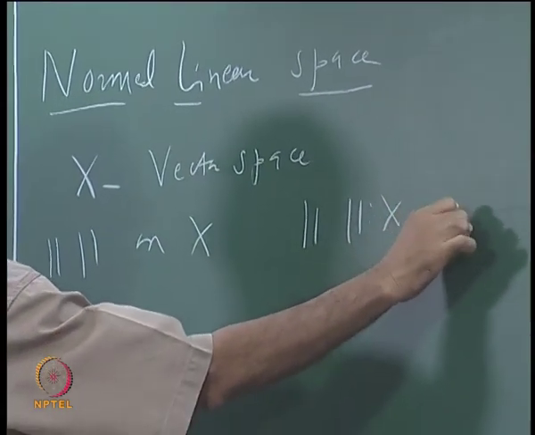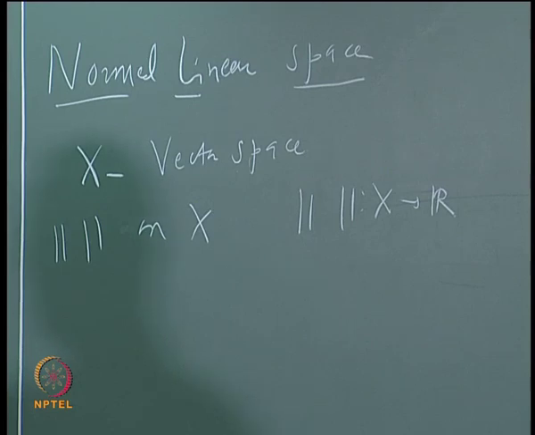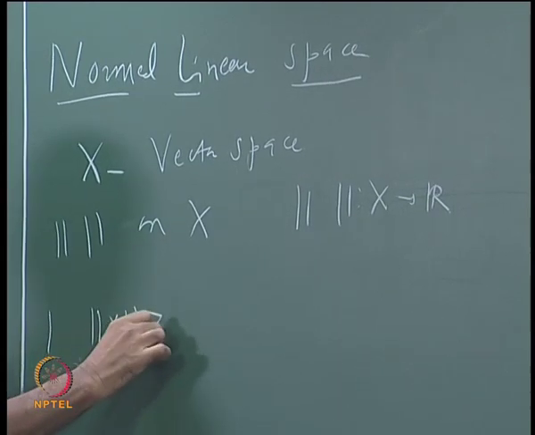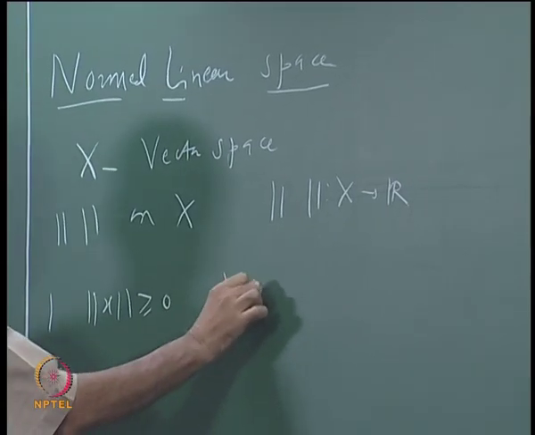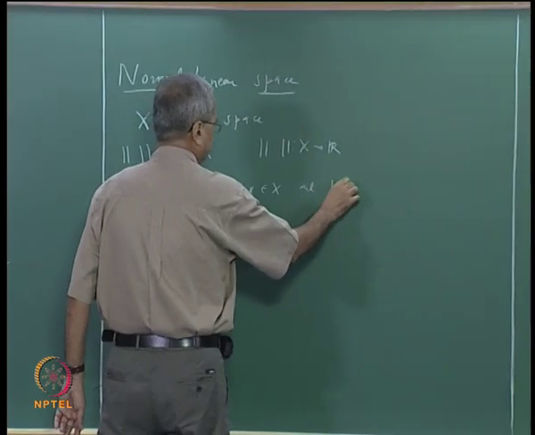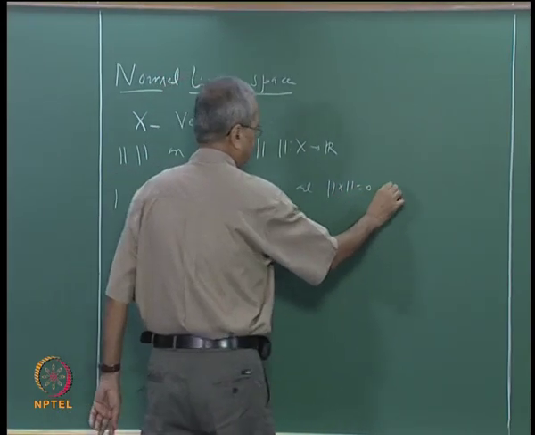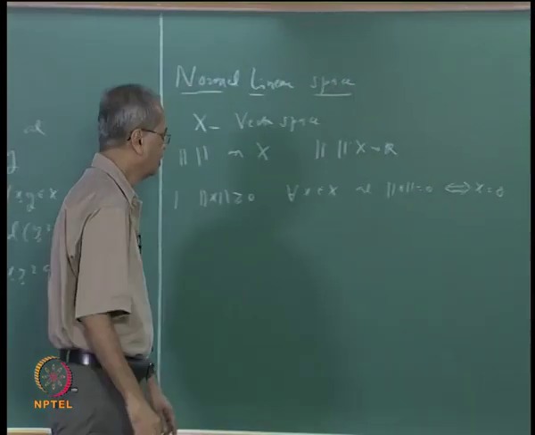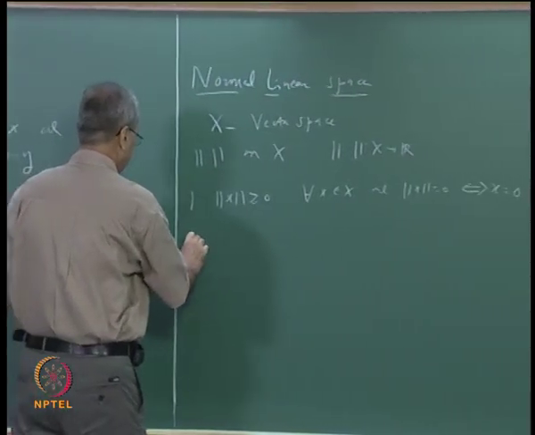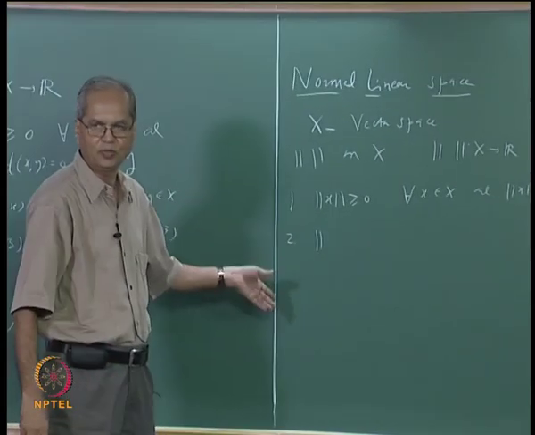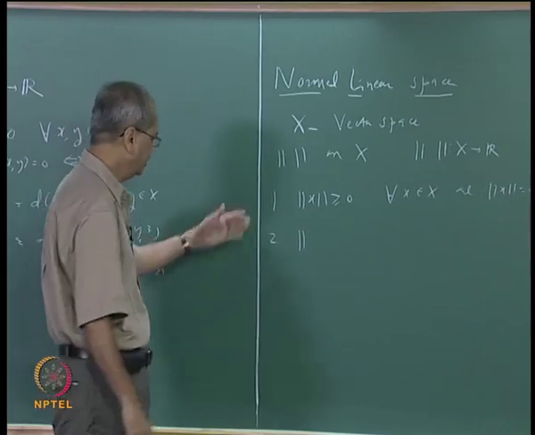from X to R, and that satisfies again 3 similar properties. The first property is norm of x is bigger than or equal to 0 for all x in X, and norm of x is equal to 0 if and only if x is equal to 0. I may or may not have written those properties in the same order, but the point is there are 3 properties.